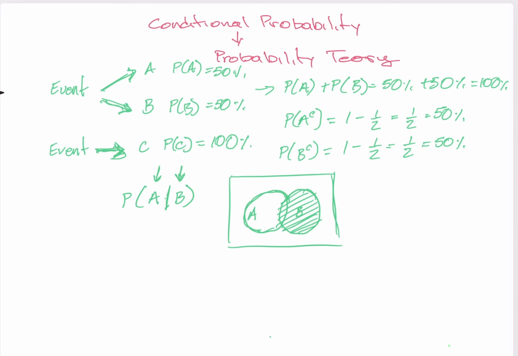Well, that is this part, because that's the intersection of A with B. So the probability of A given B is equal to the probability of the intersection of A with B over the probability of B.